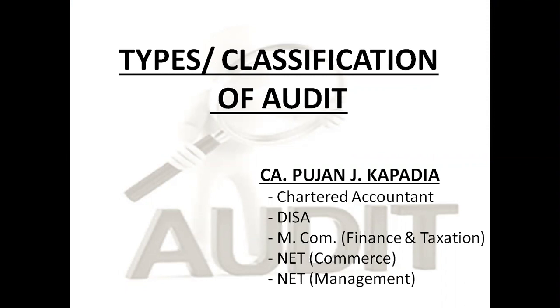Friends, as you are very well aware, we are going to start with a fresh topic from today. The name of the topic that we are going to study is Types or Classification of Audit. Till now, we have basically covered two different chapters. In the first one, we had taken a deep overview on what is audit, introduction and scope of audit, advantages and limitations of audit.